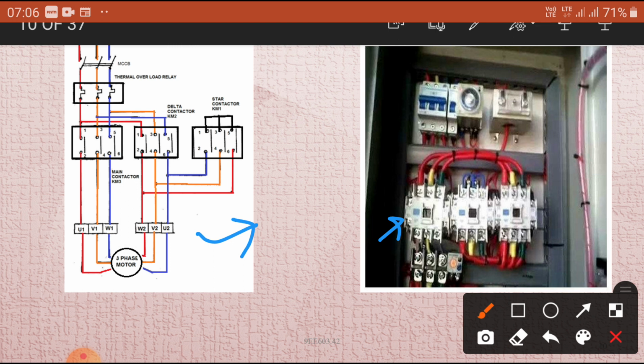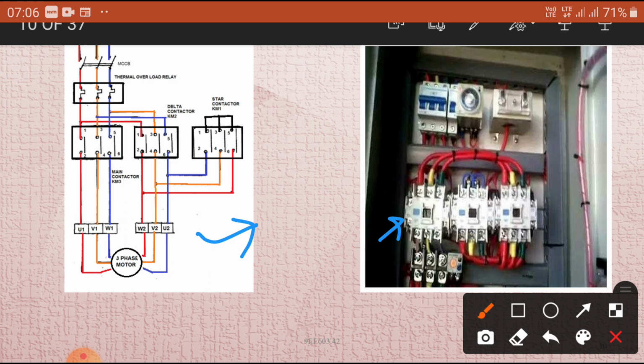Then each stator phase gets V by root 3, that is, line voltage by root 3 volts, where V is the line voltage. This reduces the starting current to 1 by 3 times, and hence the starting torque also reduces.